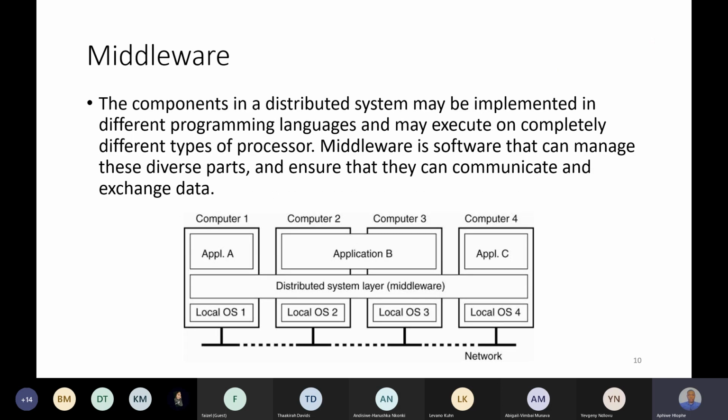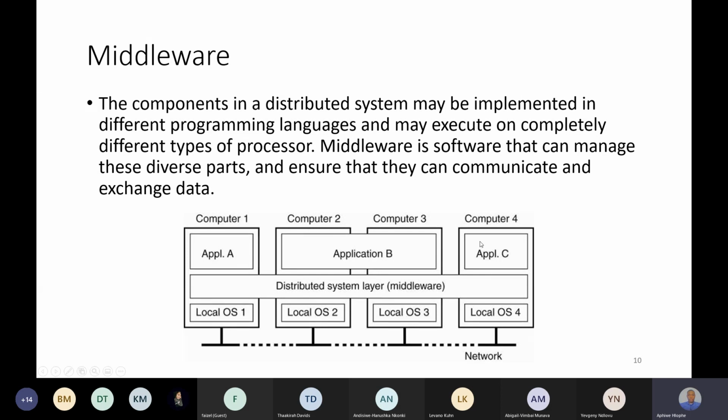So what is the role then of the middleware? The components in the distributed system may be implemented in different programming languages and may execute on completely different types of processors. Middleware is software that can manage these diverse parts and ensure that they can communicate and exchange data. You can see here in the diagram, we have computers 1, 2, 3, and 4.